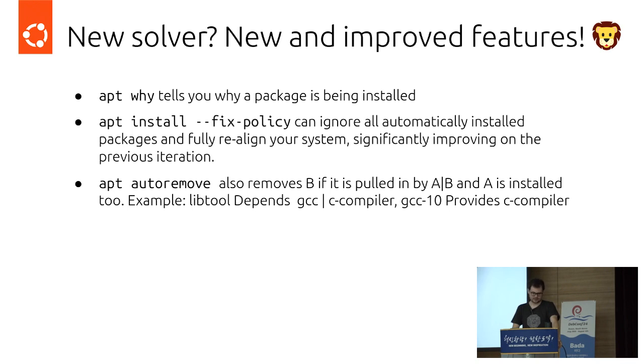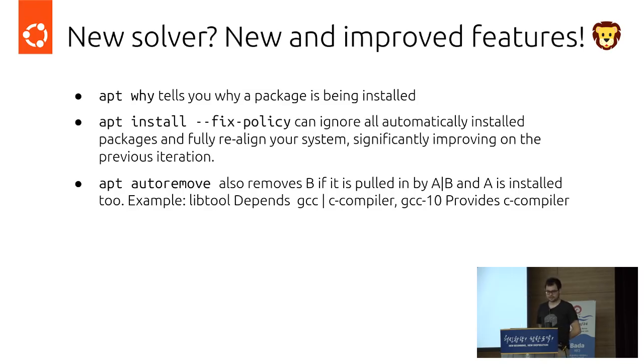And in the same vein, apt autoremove can be made more extreme, I would say. So some of you might have noticed that you collect a lot of versioned GCC packages over the years. And the culprit seems to be that libtool depends on gcc or c-compiler, and each versioned GCC package provides the C compiler.